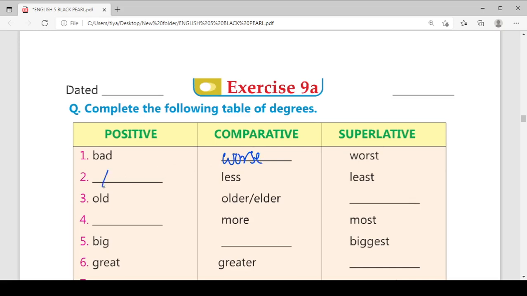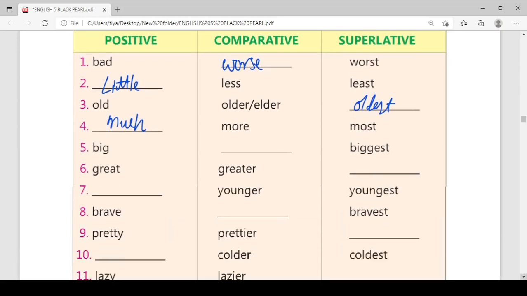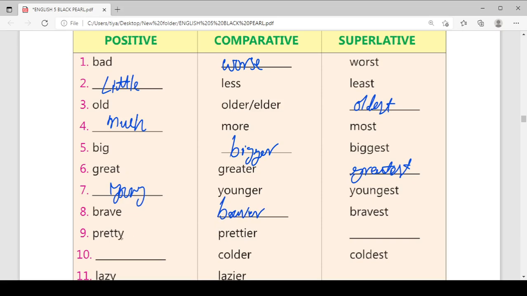Little, less, least; old, older, oldest; much, more, most; big, bigger, biggest; great, greater, greatest; young, younger, youngest; brave, braver, bravest; pretty, prettier, prettiest.